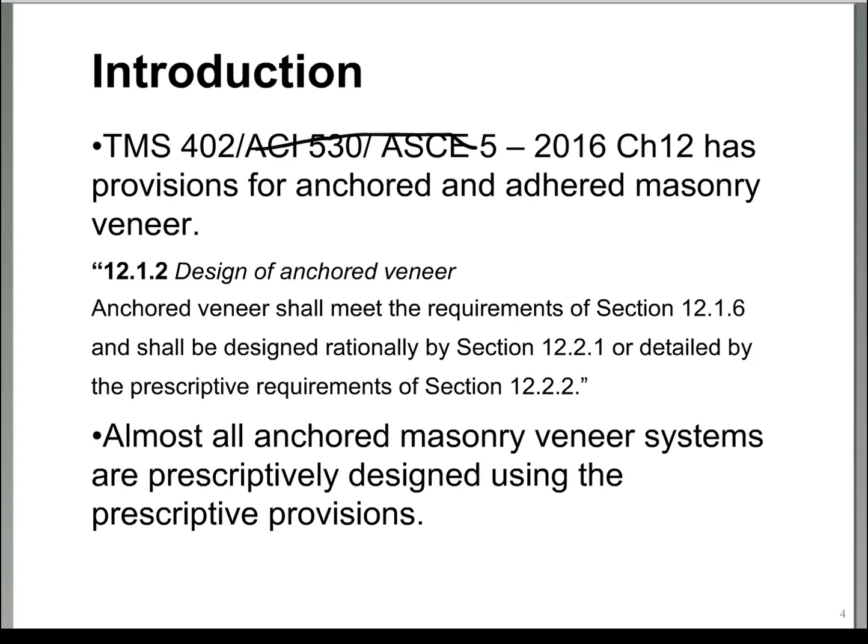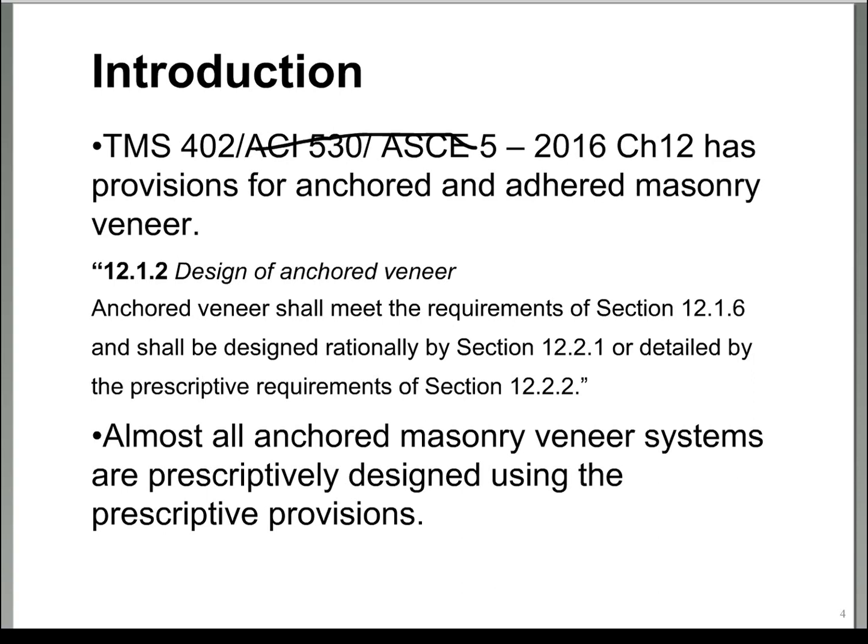It shall meet the requirements of Section 12.1, or it may be designed rationally by 12.2.1 or by the prescriptive requirements in 12.2.2. So you have to meet the basic provisions in there that relate to detailing and waterproofing, etc., and handling water in the wall system. And then you can either prescriptively design it or rationally design it.